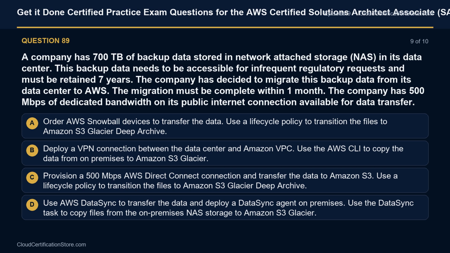Option C: Provision a 500 Mbps AWS Direct Connect connection and transfer the data to Amazon S3. Use a lifecycle policy to transition the files to Amazon S3 Glacier Deep Archive. Option D: Use AWS DataSync to transfer the data and deploy a DataSync agent on premises. Use the DataSync task to copy files from the on-premises NAS storage to Amazon S3 Glacier.